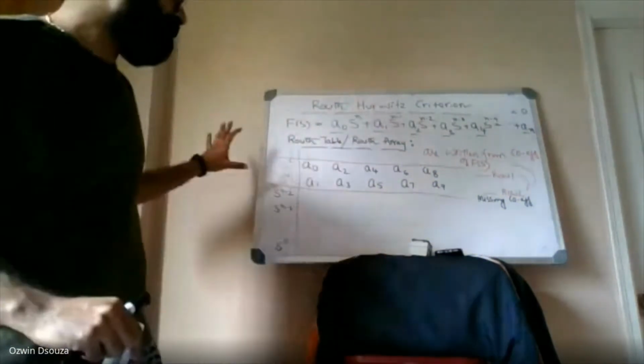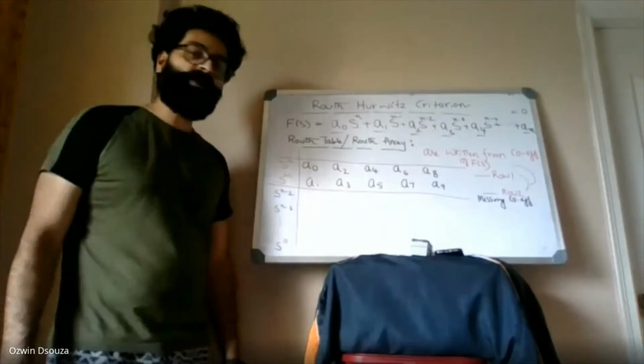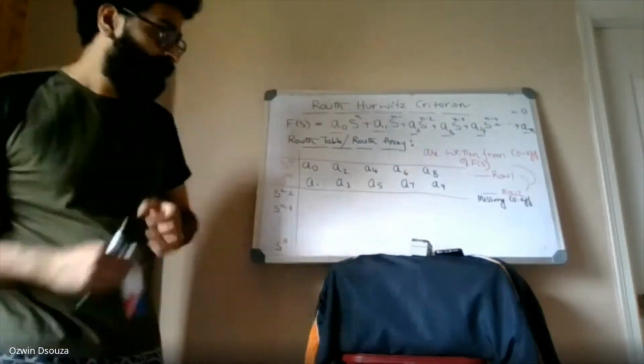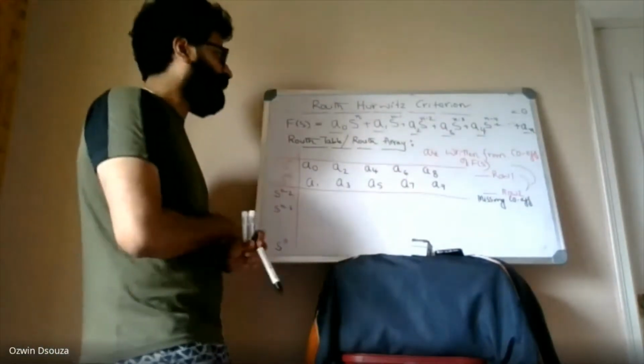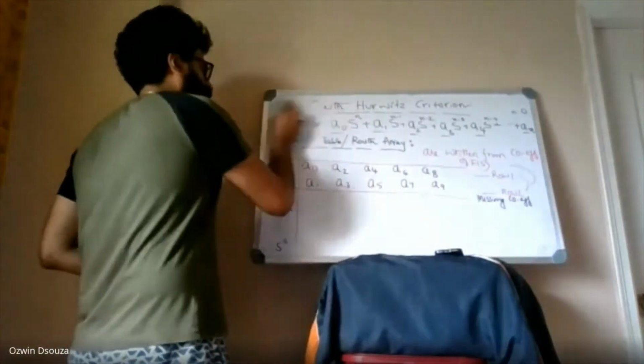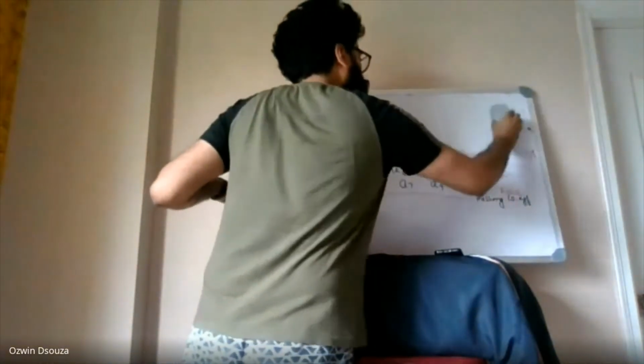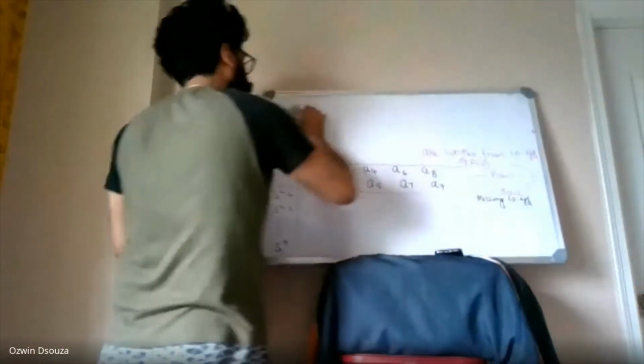So this is how the first two rows of Routh array or table is constructed. Once you are done with the first two rows, you can go ahead with finding out the coefficients of the remaining rows.